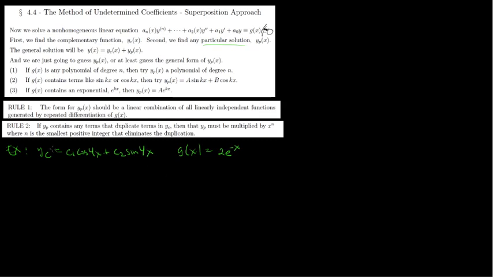So what we need is the particular solution, the yp here, and since it's just e to the negative x, we just form an exponential. So our yp will be of the following form: a times e to the negative x.